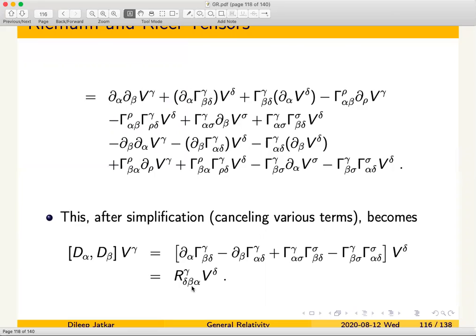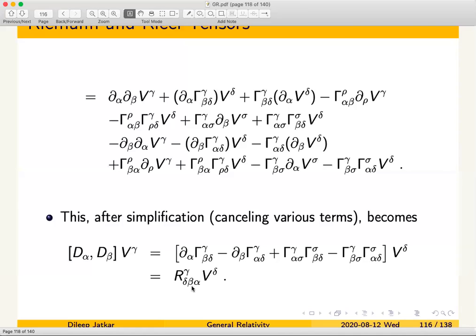Now this is something we had already seen in electrodynamics, that the commutator of two covariant derivatives gives you the field strength, which in more mathematical language is called curvature. So F mu nu is also called the curvature of the corresponding gauge field, or in mathematical language, the corresponding gauge connection. So A mu is the gauge connection and F mu nu is the curvature of that connection.